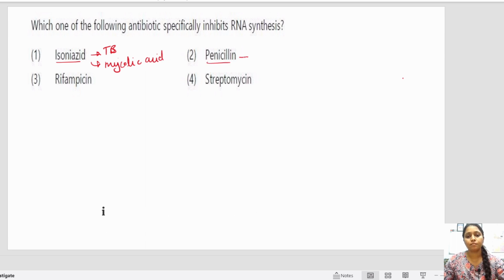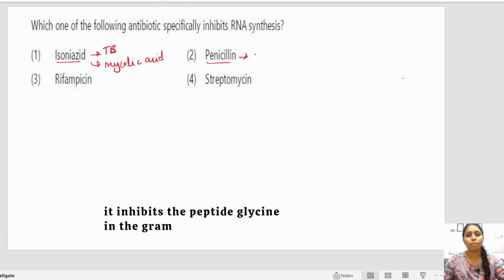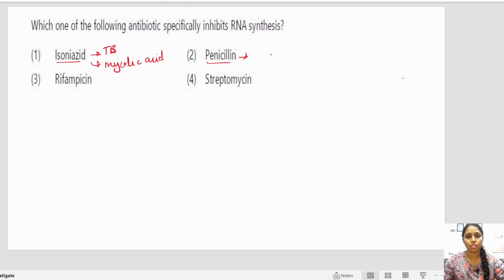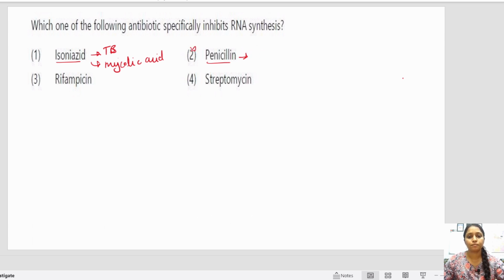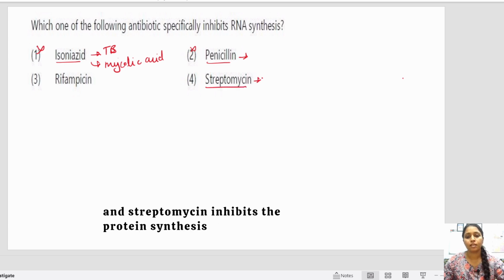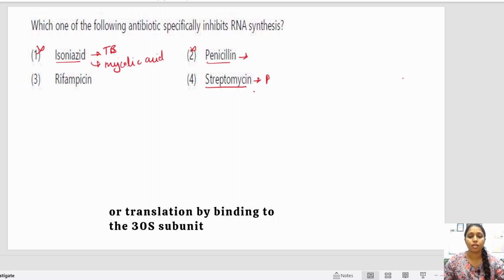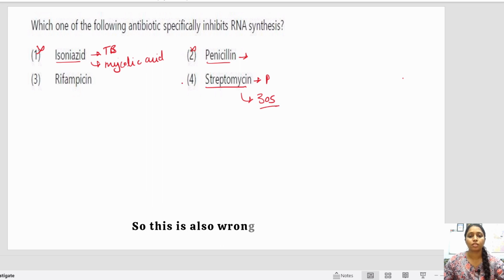And penicillin inhibits the peptidoglycan in the cell wall of gram-positive bacteria. So this is not the answer. This is incorrect. And streptomycin inhibits protein synthesis or translation by binding to the 30S subunit. So this is also wrong.